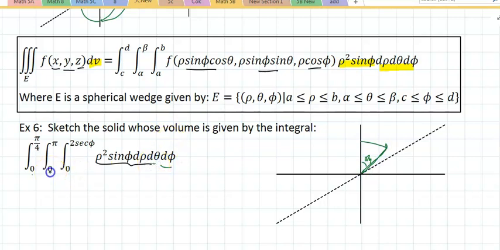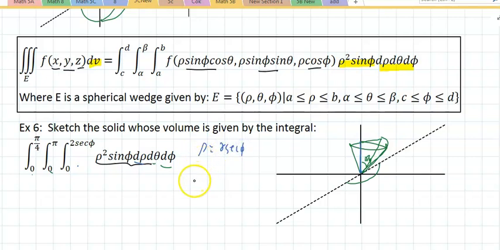And we notice that theta runs from 0 to pi. If theta runs from 0 to pi, it's going to run all around, which means, right? And rho runs from 0 all the way to 2 secant of phi. What does that mean? Well, rho equals twice the secant of phi.